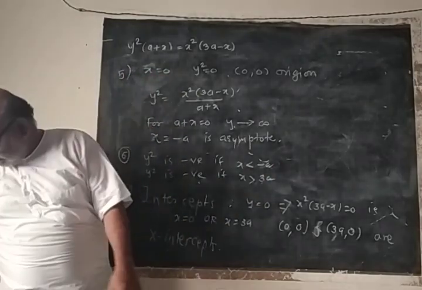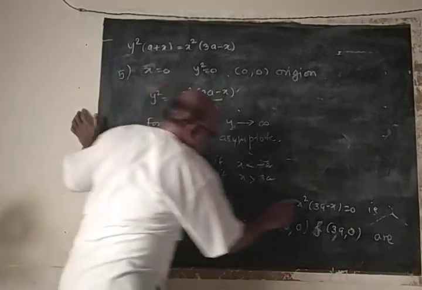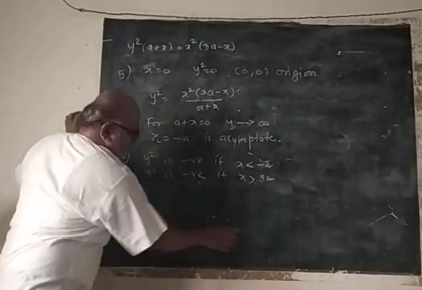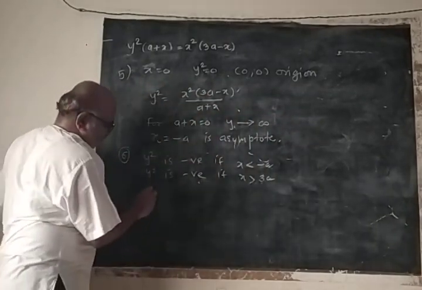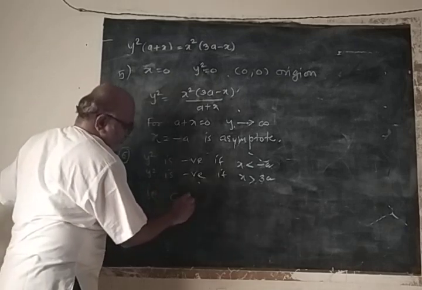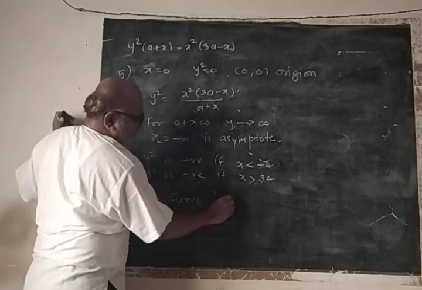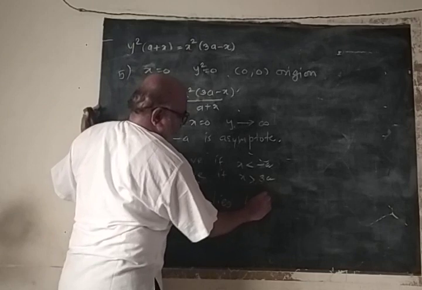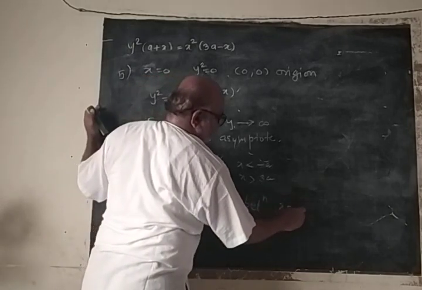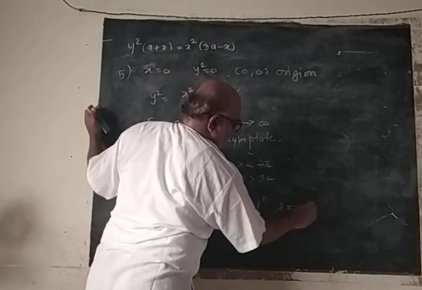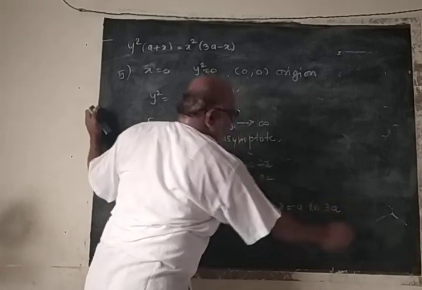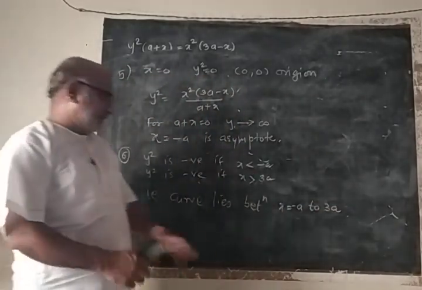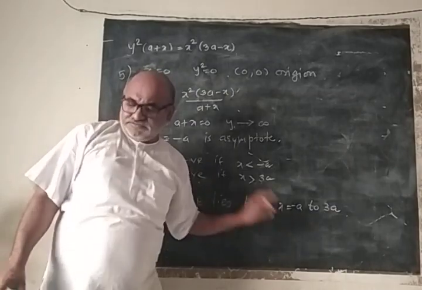That means the curve lies between x equal to minus a and 3a, and this is the region where the curve lies.